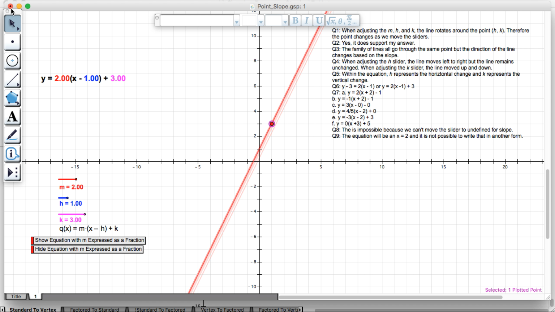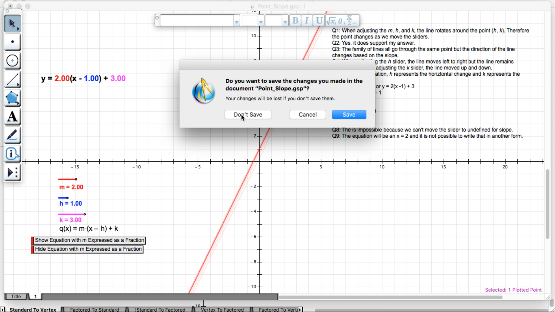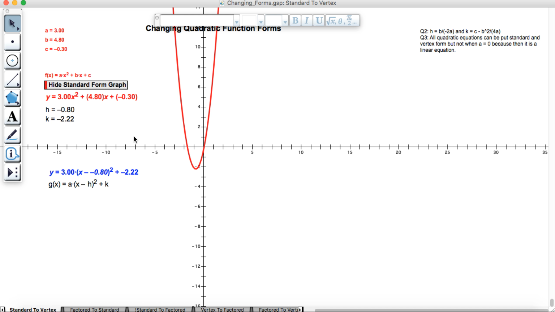I guess it was in the second one, and I wasn't paying attention. I guess it was this one for question 3. It had asked about if you make a value 0. For number 3, we're in standard to vertex, and it tells us to make the a value 0.